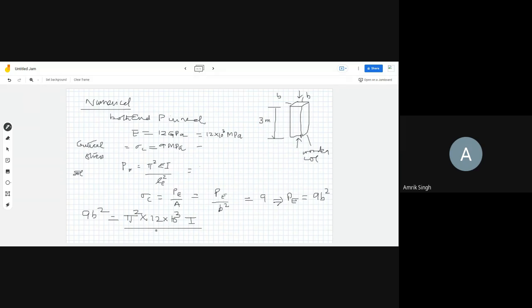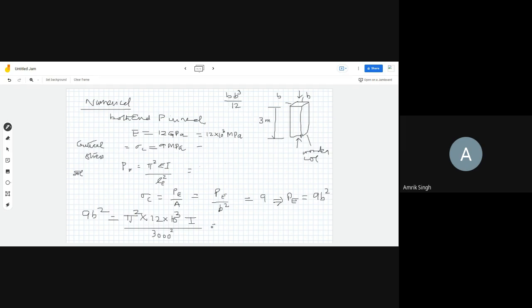You convert meter into millimeter because you are taking everything in megapascal. I is equal to B D cube upon 12, and here D is B, so B to the power 4 upon 12. You can put this value over here.